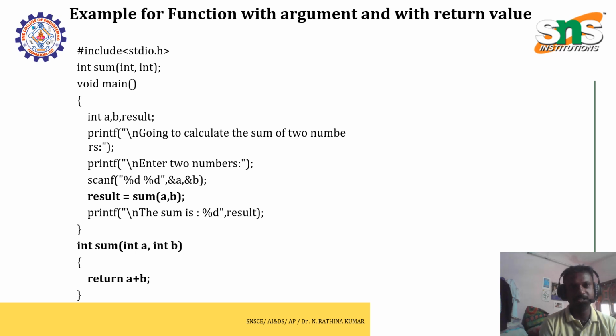Then we perform the addition operation in the subfunction and return the value. So here the user defined function has arguments, and the subfunction also returns the value to the main function. That is why it is called a function with arguments and with return value. These are the four important categories of user defined functions.